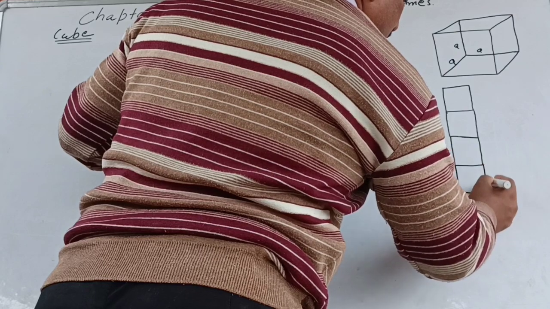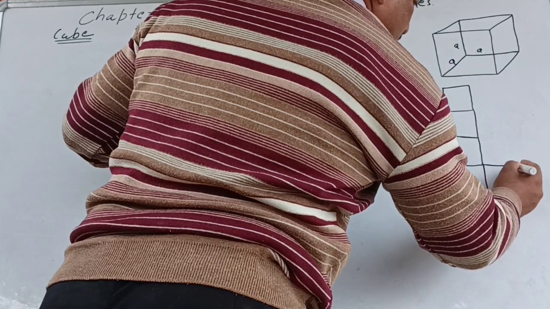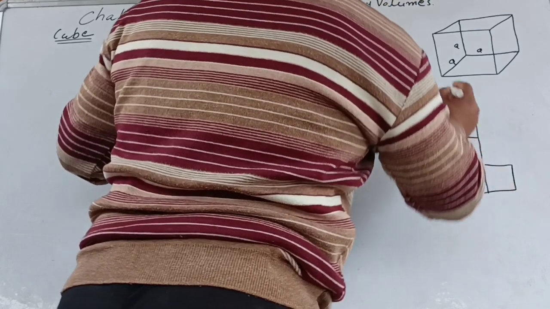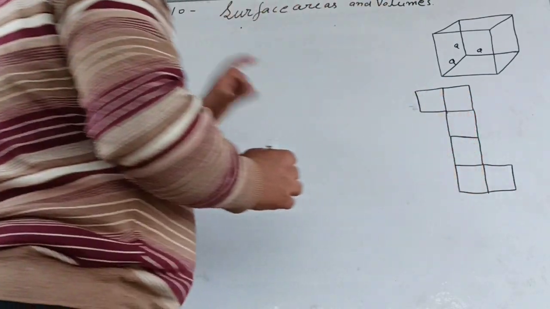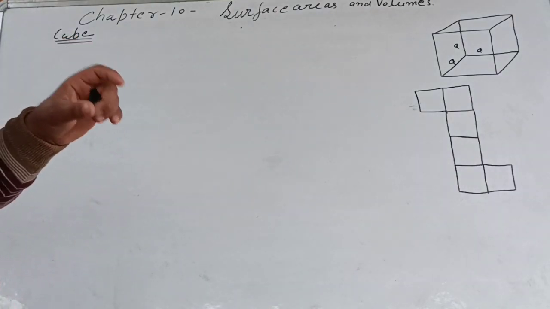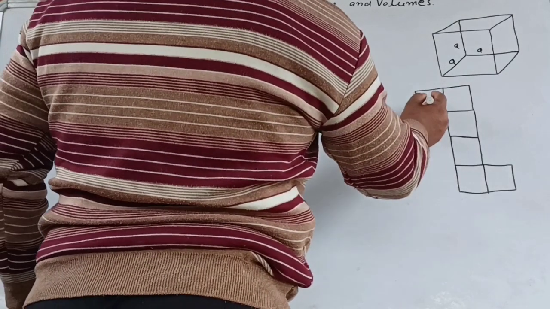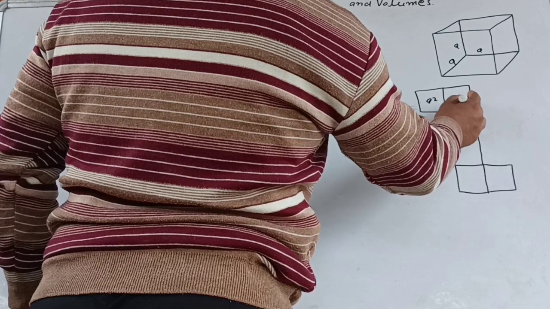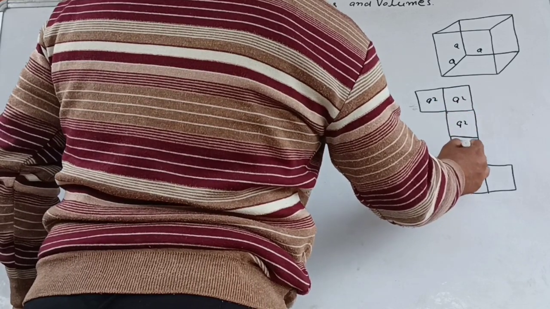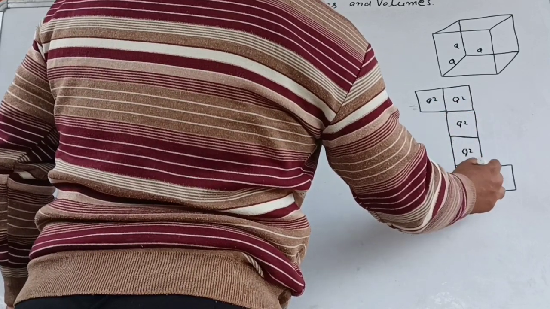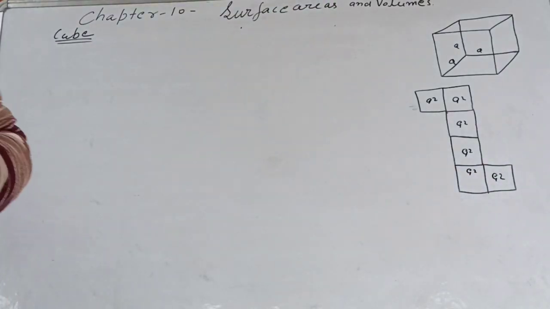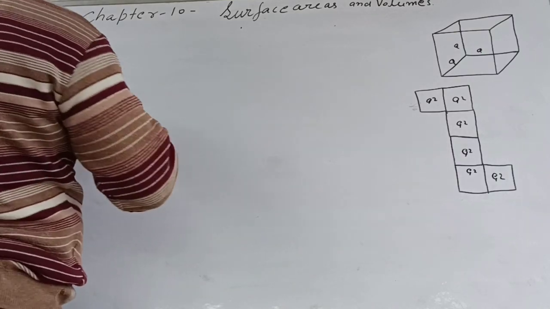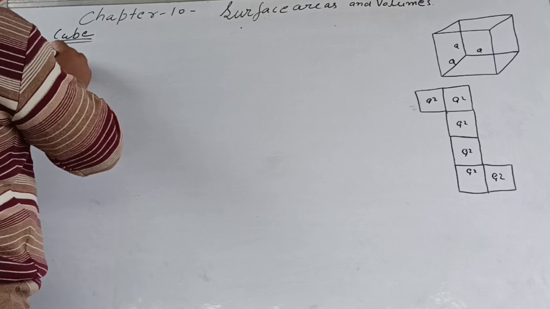You find 4 parts like this, 1 part here and 1 part here, and all are the same size. The area of each is A into A, A square, so the total area is 6A square.